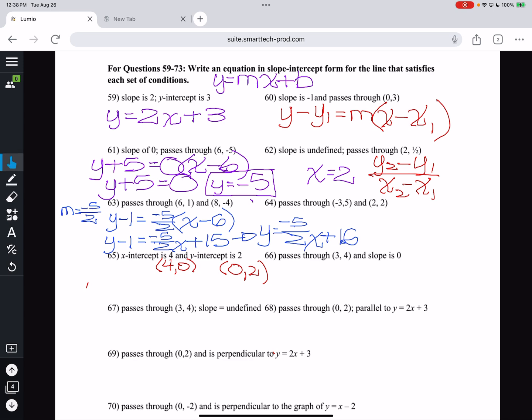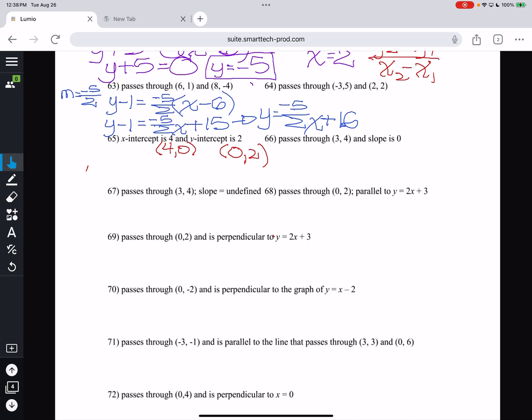We don't have a slope, but we know how to handle that. What is our slope? Negative 1/2.